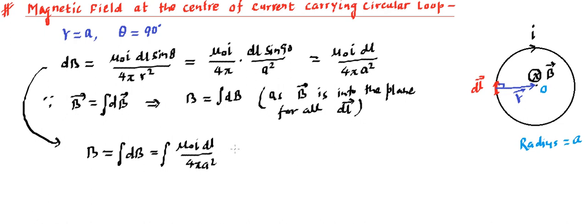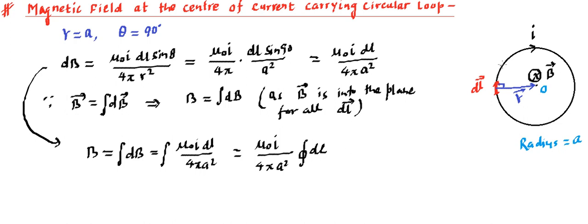Now in this expression you can find several quantities to be constant, like mu naught is a constant, I is a constant, 4 pi a square, these are all constants. Integration has to be performed over dl alone. Now this dl is not a vector, it's a scalar number, right? So dl vector is a vector, this is basically a magnitude. And if we integrate this, the integration has to be on the complete loop, so this loop integration has to be performed, a closed integration.